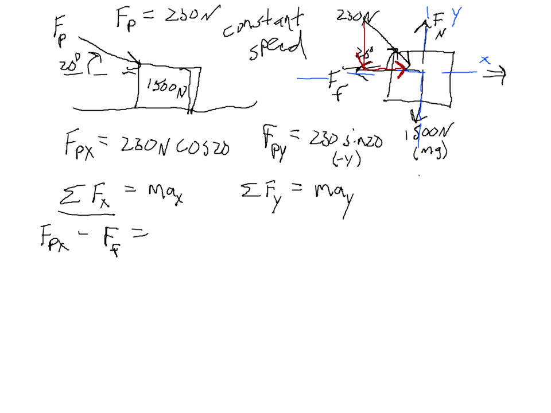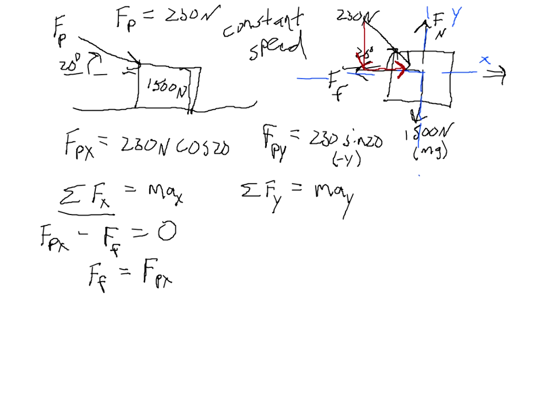But because it's at a constant speed, then by definition there is no acceleration. So that side of the equation is equal to 0. In other words, the force of friction must be equal to FPX.